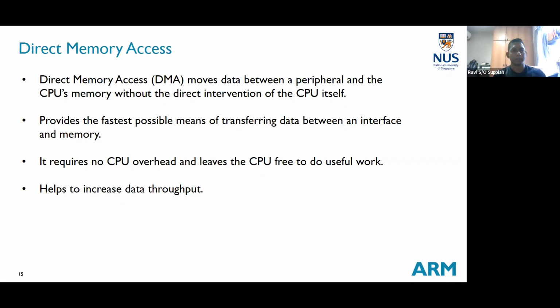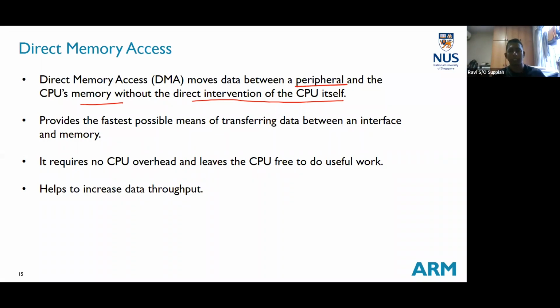So even though what we learn here, you can go and try it out when you're free. So what is the purpose of a DMA block in a controller? It allows you to move data between a peripheral and CPU memory without direct intervention of the CPU. Normally when we copy and paste data, moving from one location to another, that involves execution of code.